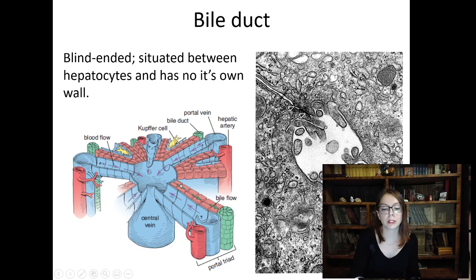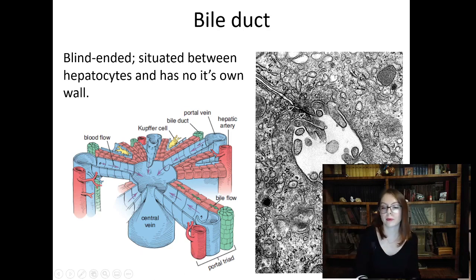So as we have already said, every hepatocyte is faced both to the blood and to the bile, and bile circulates in between hepatocytes in the opposite direction to the interlobular bile duct, which is part of the portal triad. So the first elements of the bile system in our liver are blind-ended bile ductules, which are lined by hepatocytes themselves. So bile ductules don't have their special lining.